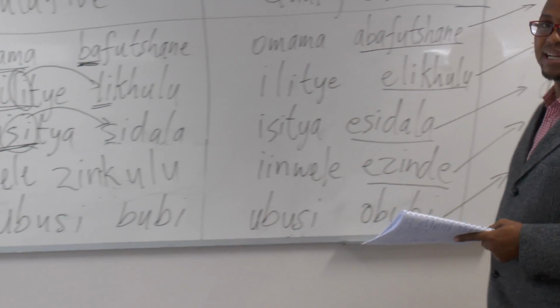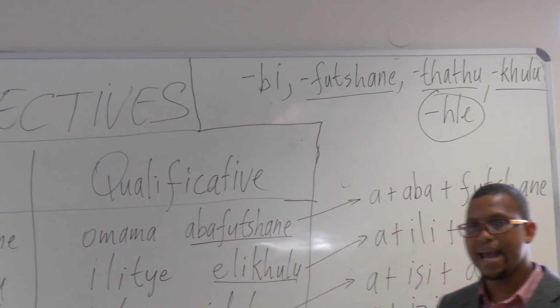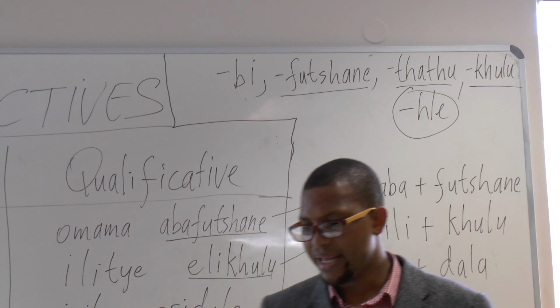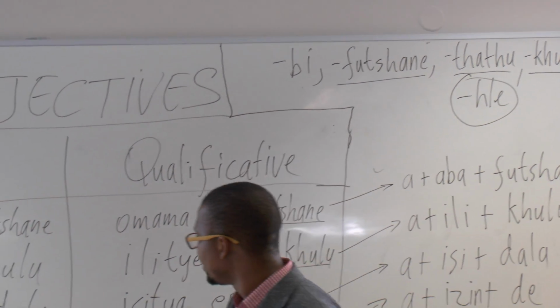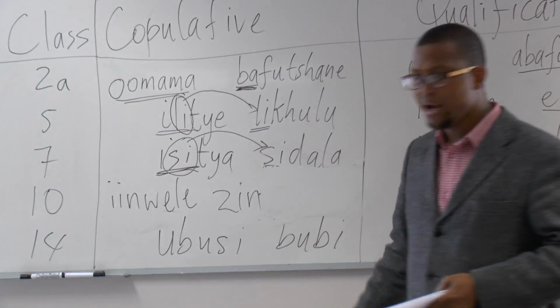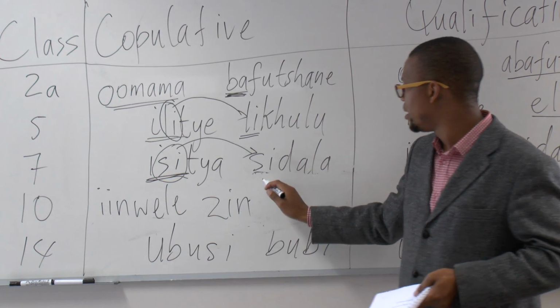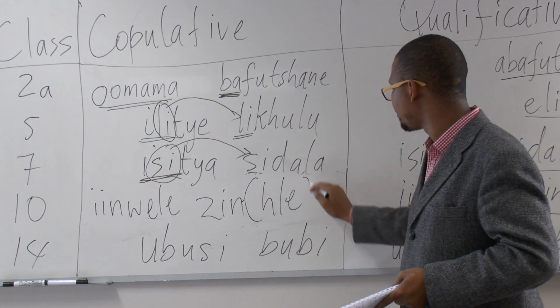And the very last example that we'll make is the example of hle. The hair is beautiful. In this case, we have inwele zin, then we've got hle.